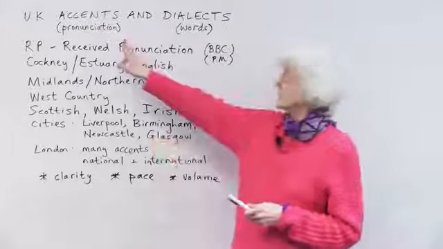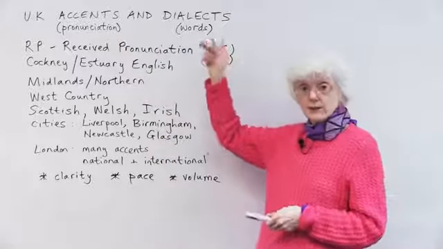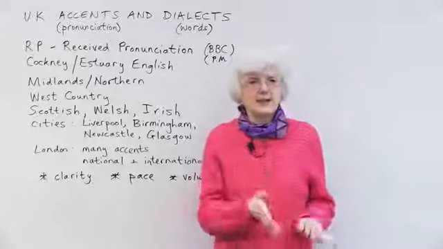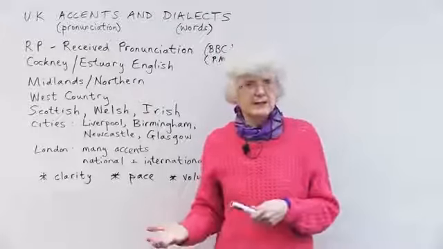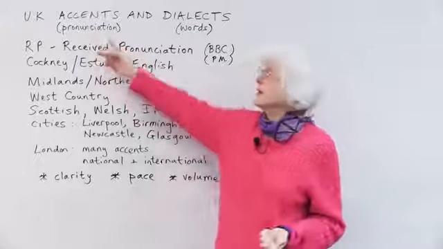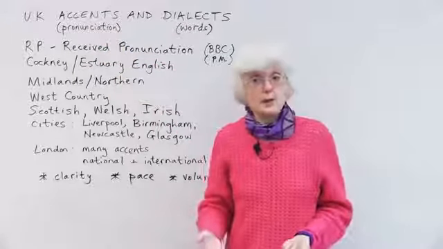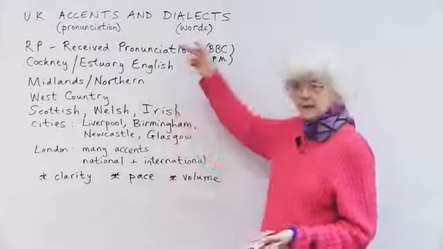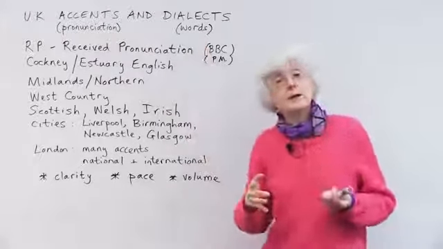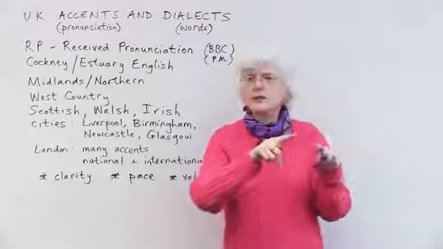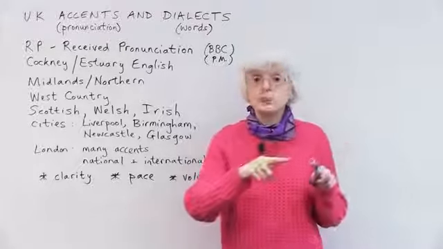So UK accents and also dialects. Okay, so what's the difference between an accent and a dialect? Well, an accent, as you know, is to do with pronunciation, how you pronounce the word. Dialect is when you have a word that only people in a certain area of the country use.